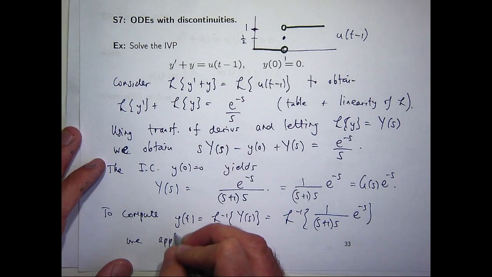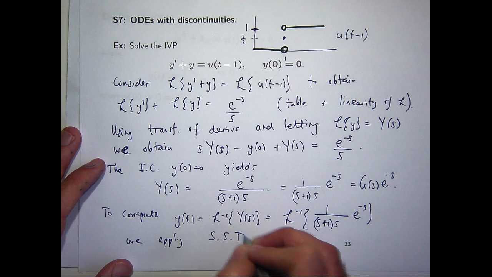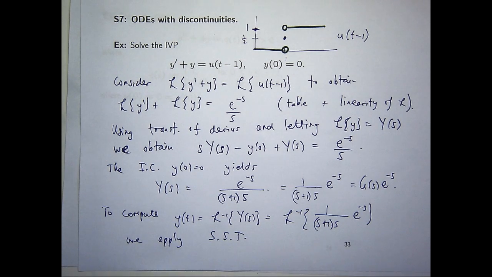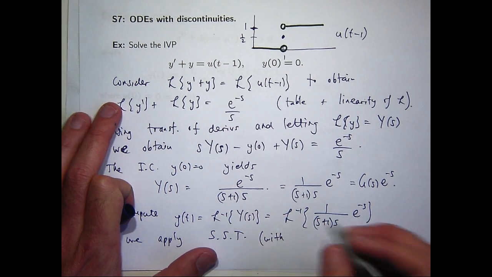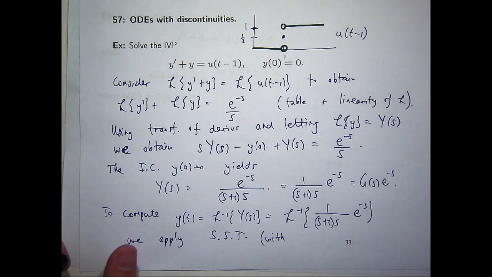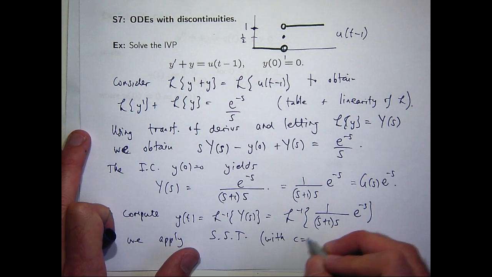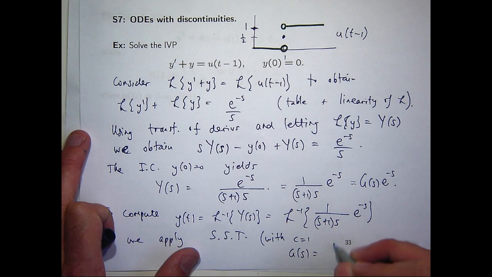So we apply the second shifting theorem. With, well, from our table, c is going to be 1 and big G of s is 1 on this.